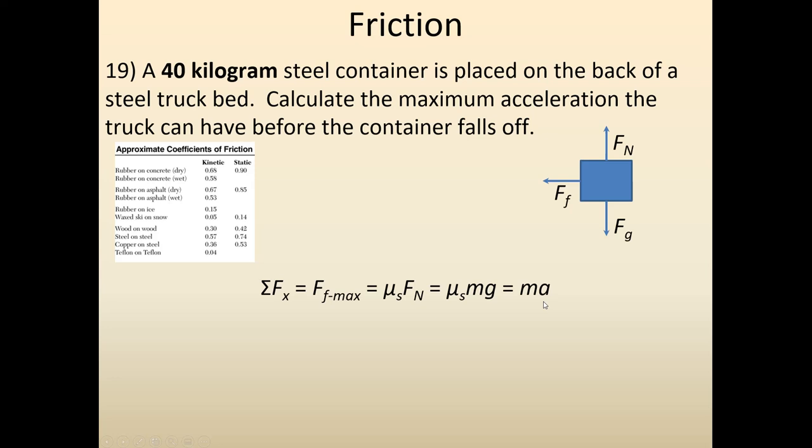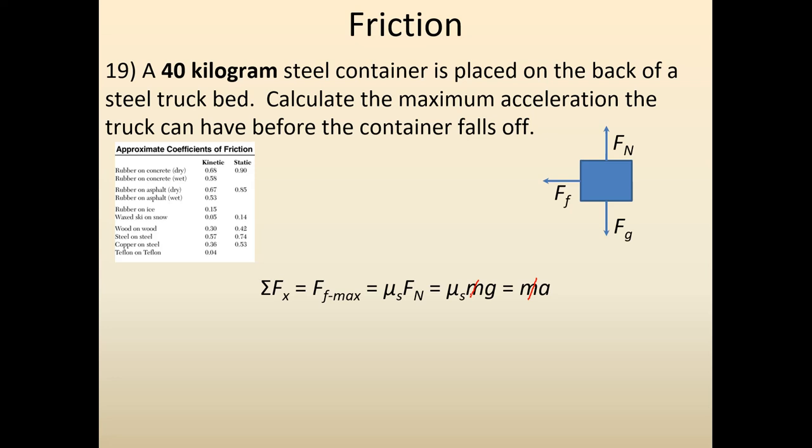Now, if I wanted to, I could start plugging in numbers, but I actually want to leave it in variable terms, because one thing you should notice is that on the left side of the equal sign there's an m, and on the right side there's an m. It cancels out. So it turns out it doesn't matter how massive this container is. This container could be 400 kilograms, 4,000 kilograms.